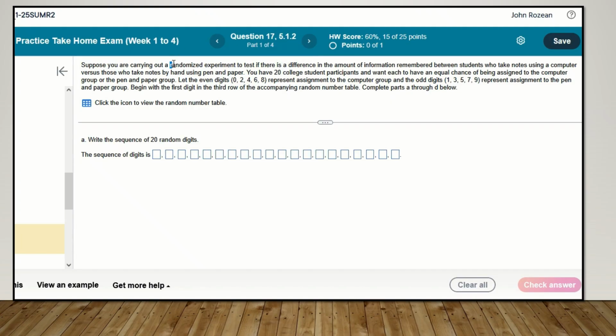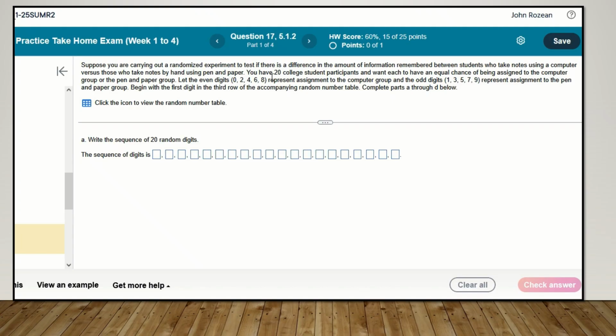Notice we're talking about a randomized experiment because it is an experiment, because we are separating them into 2 groups. Notice we have 20 college students, so we should have 20 blocks here. We want each to have an equal chance of being assigned to either the computer group or the pen group. That's the fairness of a randomized experiment. Everyone has the equal chance of being assigned to either group.